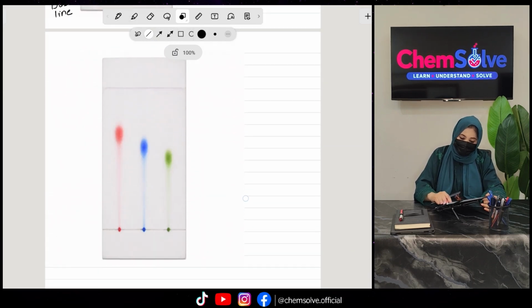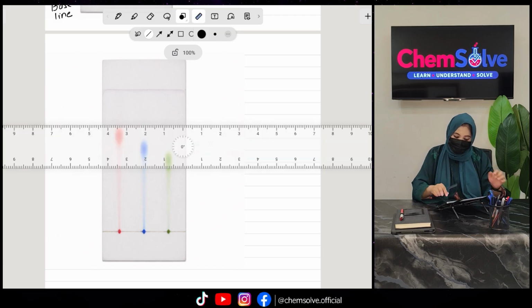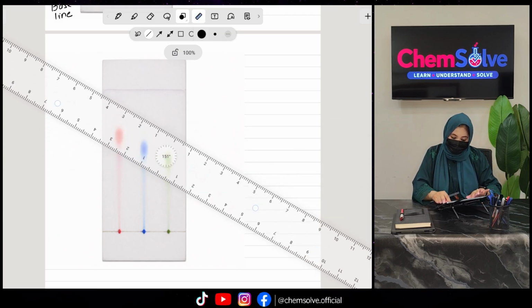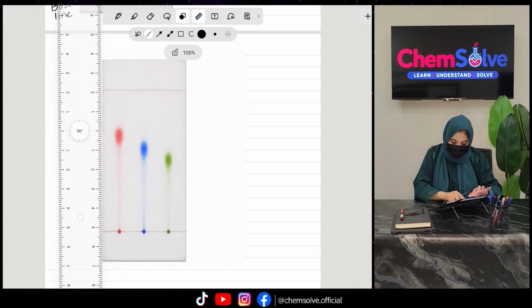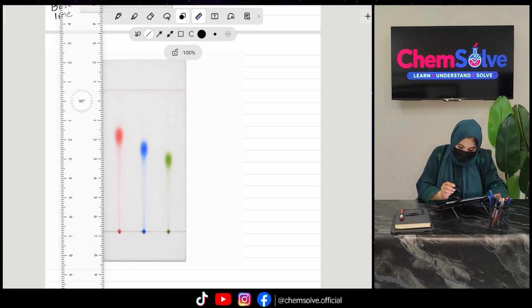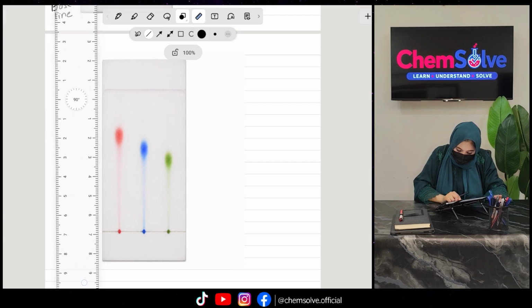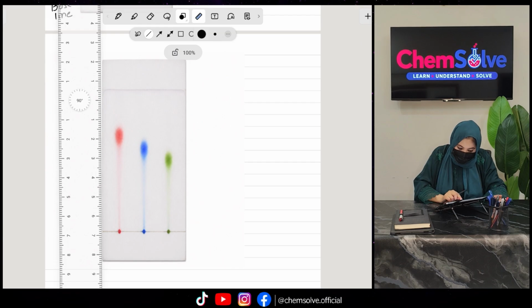So how will I calculate it? Let's see. First of all, I'm going to calculate my solvent front. For that, I have to calculate this whole distance starting from solvent front till my baseline.